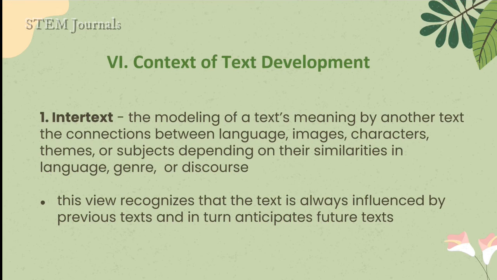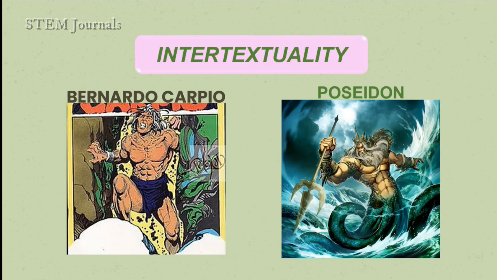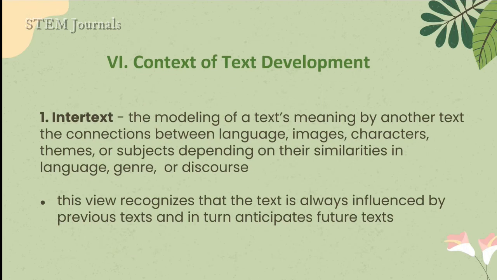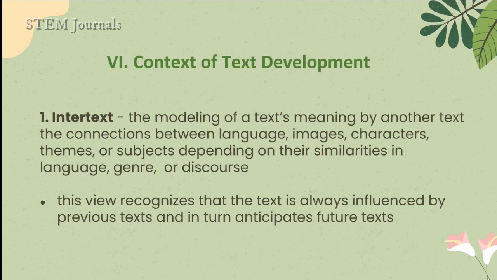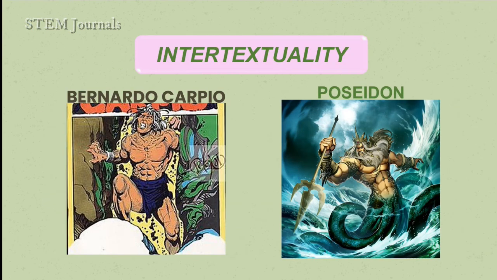Kaya nagkaroon ng context of text development. Si Bernardo Carpio, meron siyang mga kinuhang ideas from Poseidon. Si Poseidon yung nag-model. That's intertext. Okay? So this view recognizes that the text is always influenced by previous texts and in turn anticipates future texts. So yan yung context of text development. You can use hypertext, you can use intertextuality.